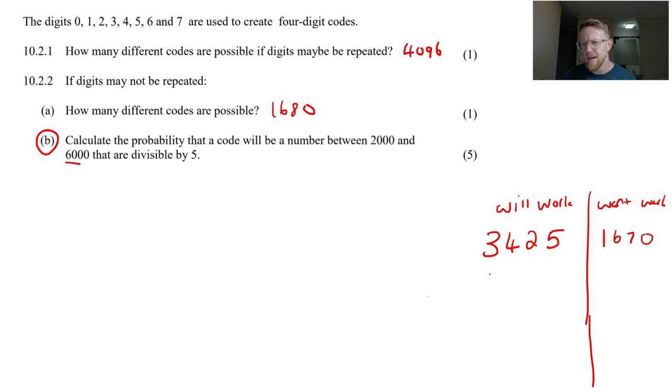So the number 5310. That works because it's between 2000 and 6000, and it ends in a 0, so that's valid. A number that won't work would be 6135 because it's larger than 6,000.